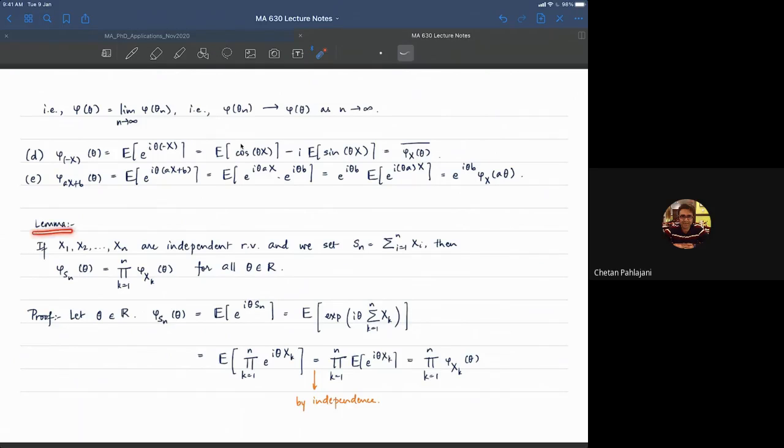So I want to make this observation here. It's not rocket science. If x1, x2, dot, dot, dot, up to xn are independent random variables, and note, nobody's saying anything about identically distributed, nobody's saying anything about integrable, nothing.